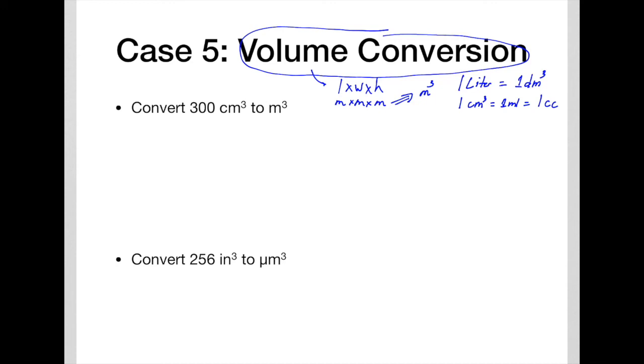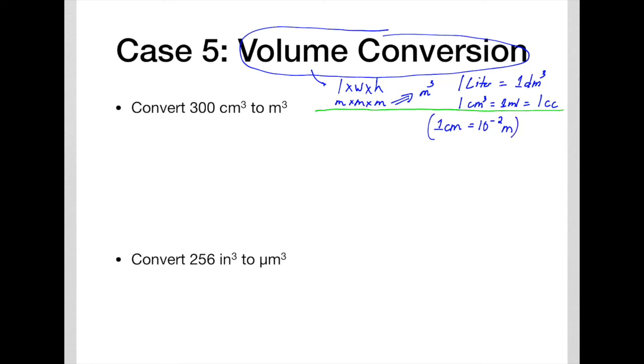Now, we have to convert this 300 centimeter cube to meter cube. Once again, the first thing that we need to do is to simply write the conversion factor. Our conversion factor here, we have 1 centimeter, that is 10 raised to negative 2 meter.